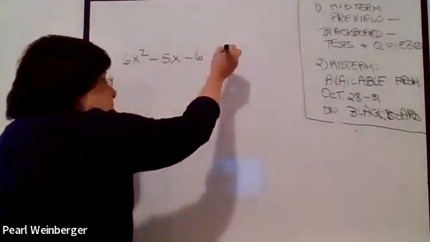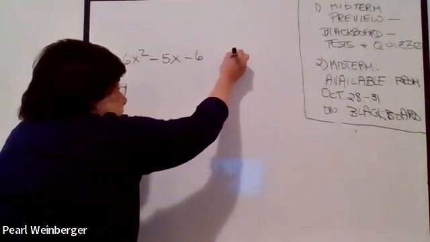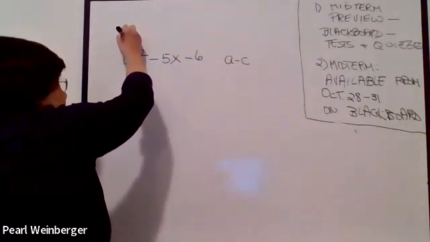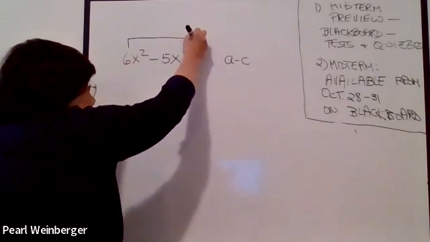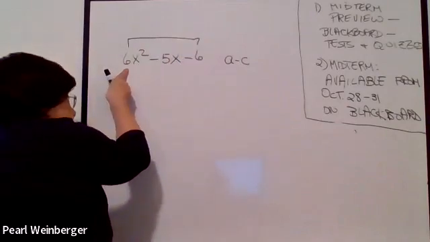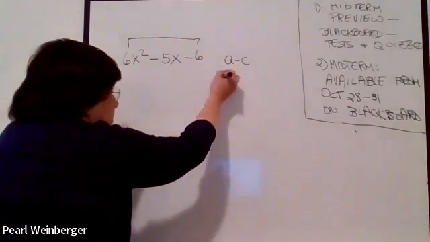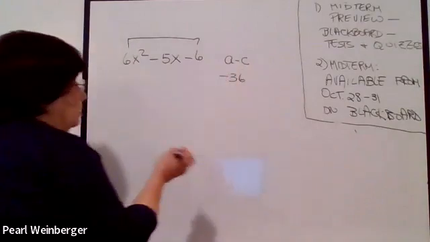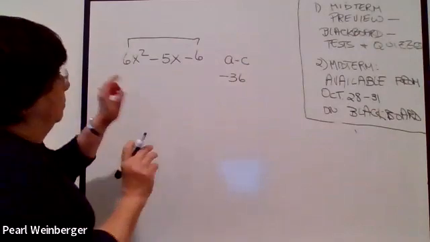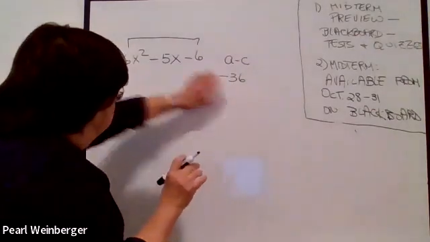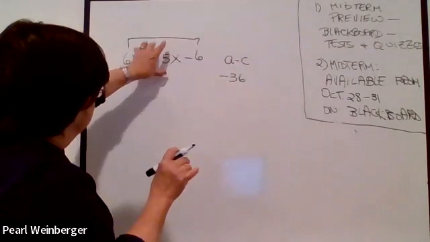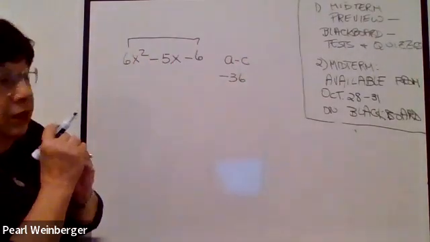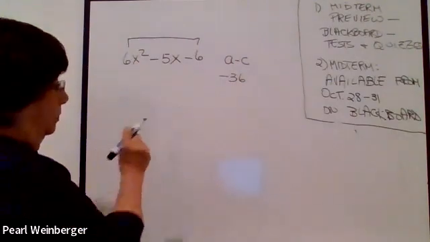So in this case, we have to use the AC method. Here's our A, and here's our C. We multiply the very first number times the very last number, and we get negative 36. Remember, we're only using this to break up the middle number into two pieces so that we can use the grouping method.